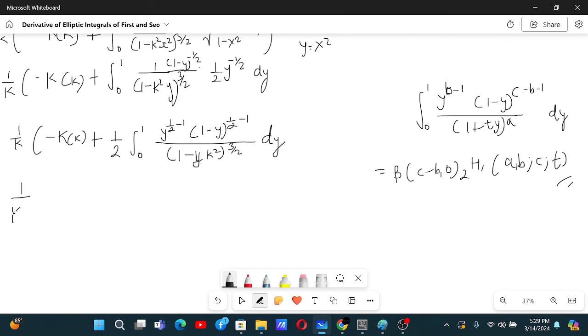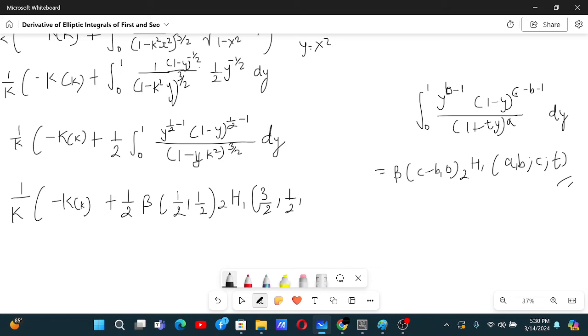That gives us 1 by k, this is minus K of k, plus 1 by 2 times beta. C minus b is 1 by 2, b is also 1 by 2, and a is 3 by 2. Now c is the sum of these two expressions, c minus b and b, so 1 by 2 and 1 by 2, that's 1.